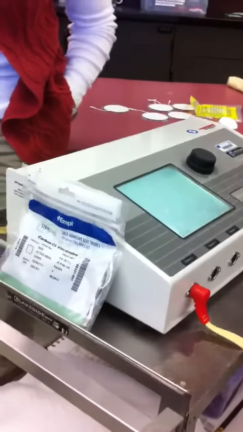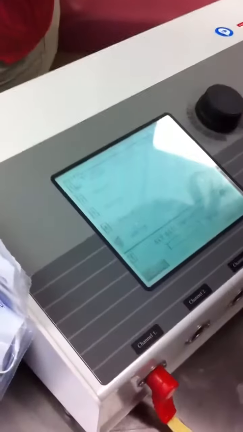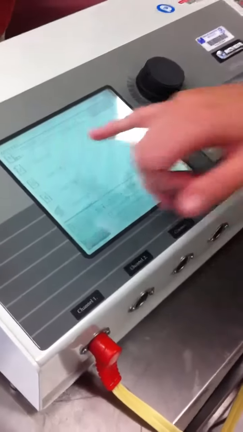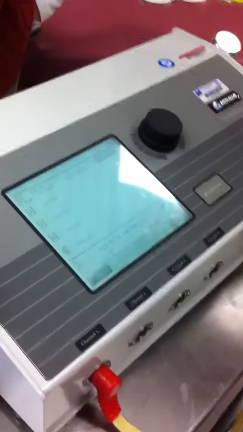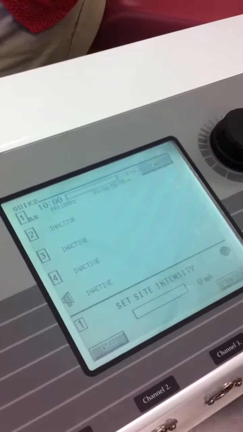Channel 1, quick 2. All right, what's that? So pulse rate is 100 hertz. Pulse duration is 50 microseconds. TENS. Right. What type of TENS?